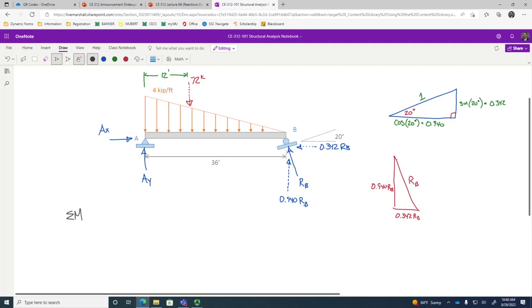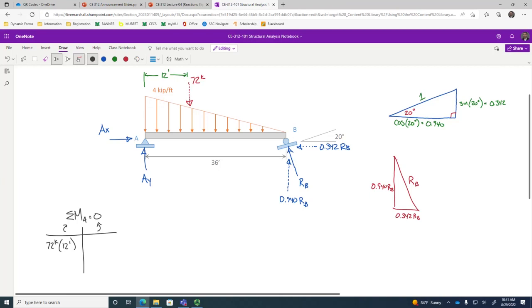So we're going to sum moments at A. Okay? So we don't have to deal with AX. We don't have to deal with AY. We do have this 72 kips times 12 feet, which is going to be on this side of the table. Now for the reaction, the only thing we have to deal with is not the horizontal component, but the vertical component.